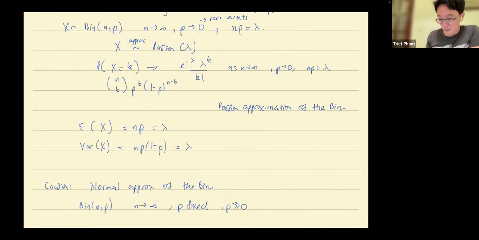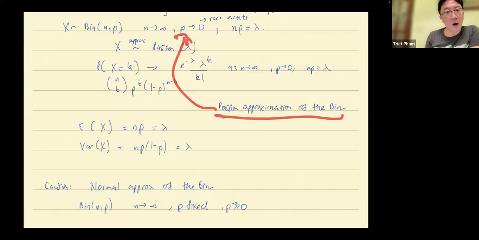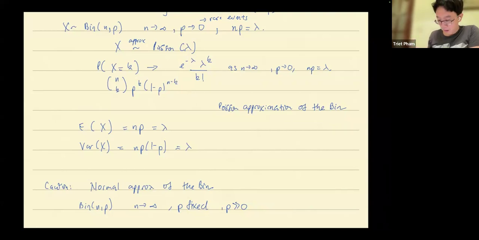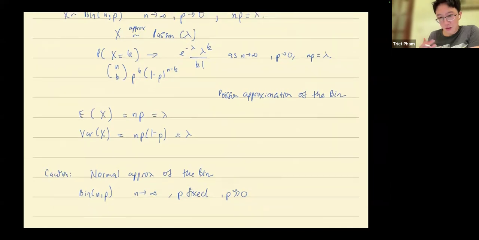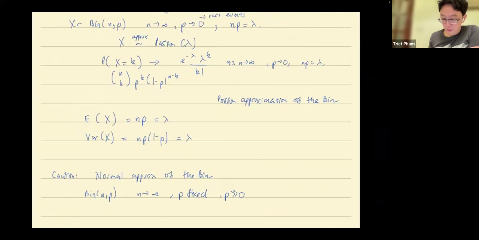If you use the Poisson approximation on a binomial where p is not close to 0, it will work very poorly. Likewise, if you use the normal approximation but p is approximately 0, it will work very poorly, and you'll want to use Poisson. So that's the difference between the two.